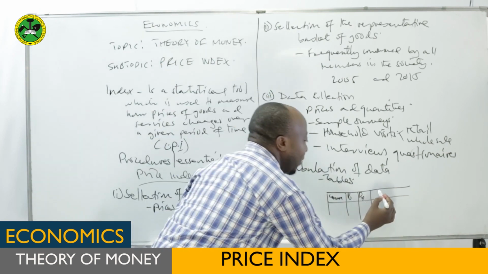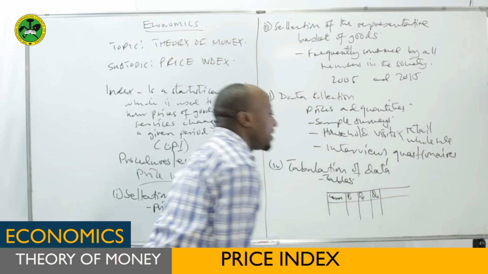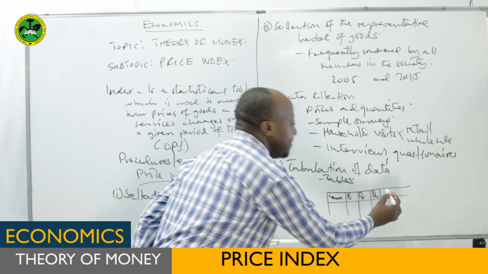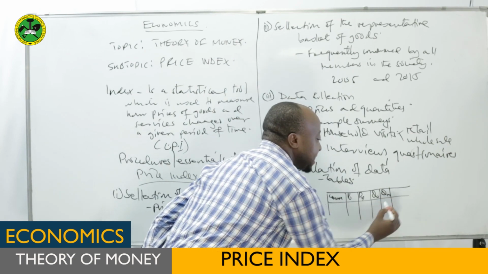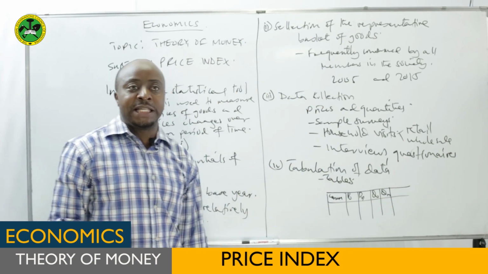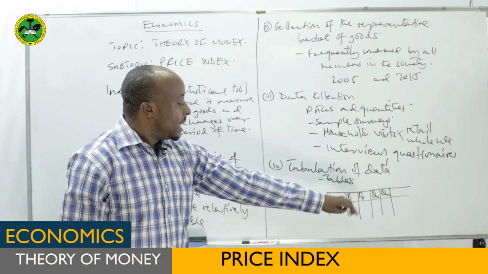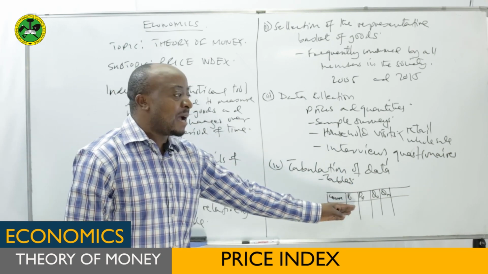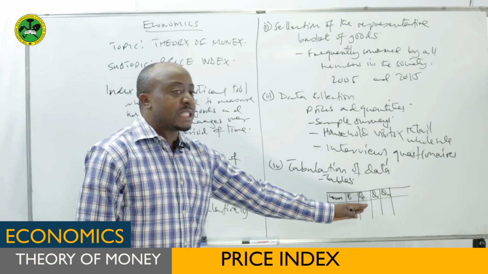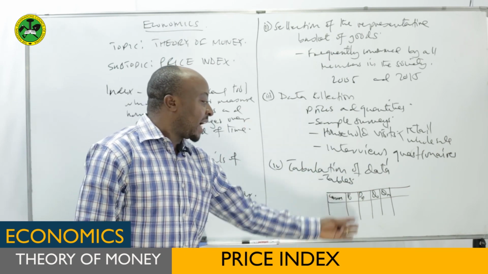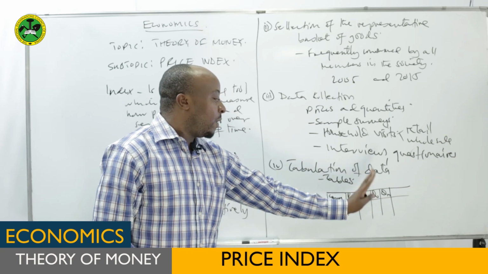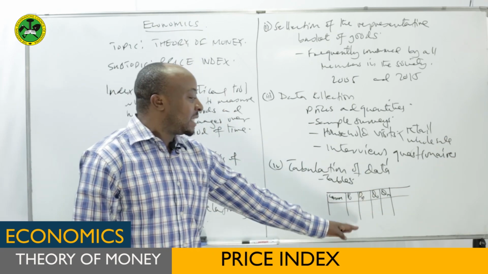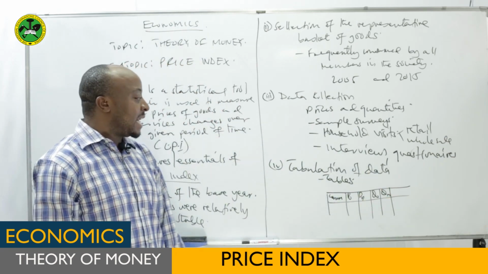Likewise, we'll have quantities in the base year, that is QO, and QN, which stands for quantities in the current year. So PO will be the prices of different goods in the market in the previous time or in the base year. PN stands for prices of goods in the current year. QO, quantities in the base year, and QN, quantities in the current year.